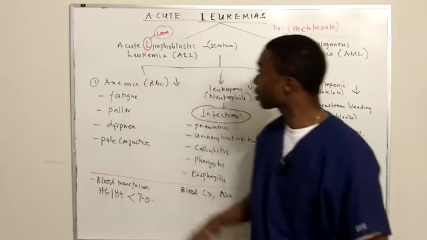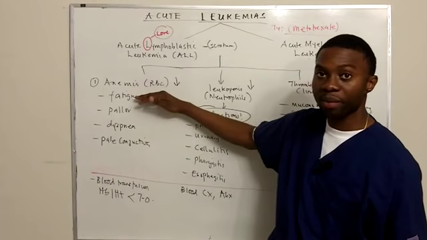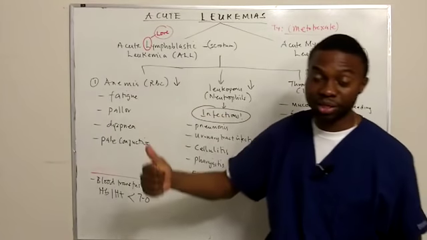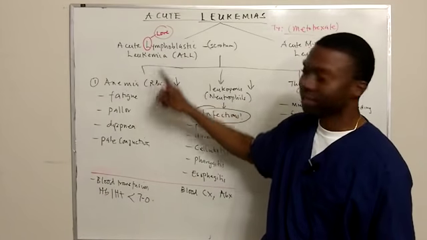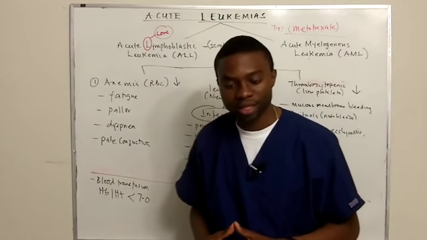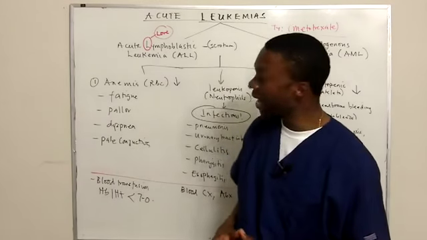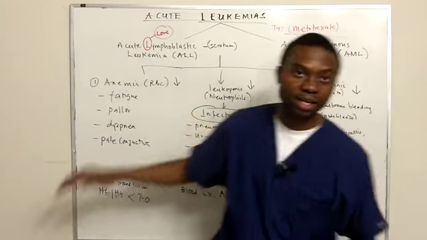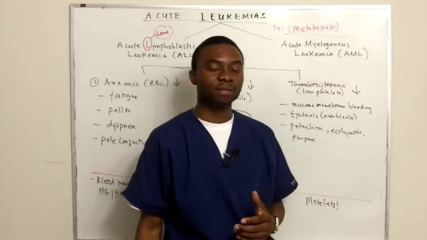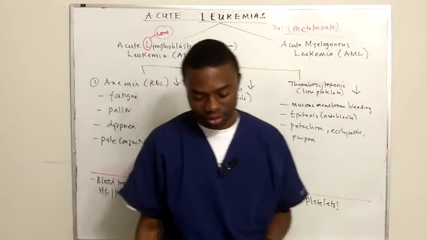Those are risk factors. For ALL, remember these patients affect the pre-B cells and the pre-T cells, and from the word lymphoblastic, it affects lymphocytes. And the age is the most important thing in ALL, less than 15. In AML it is 15 to 19 years old.